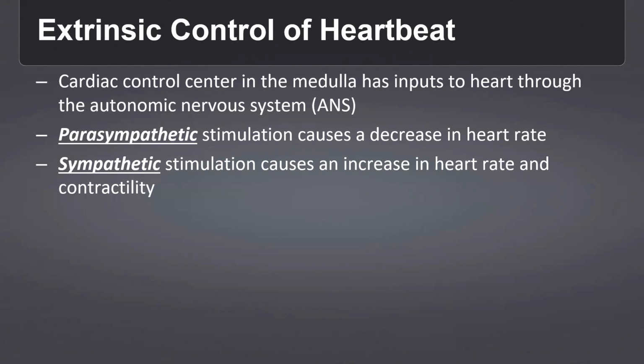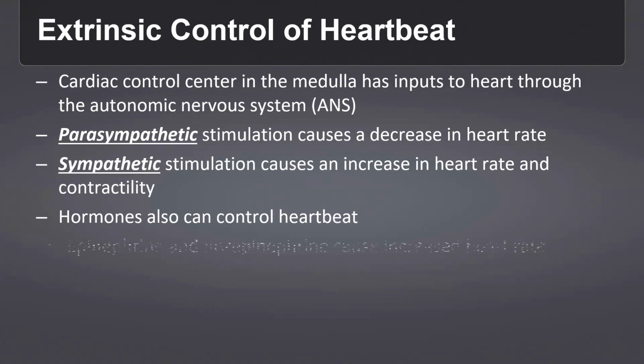So there are two points to make note of. If I ask you, how is the heartbeat controlled extrinsically? Well, it's through the medulla in the brain, which has two types of stimulation: parasympathetic, which decreases the heart rate, and sympathetic, which can increase the heart rate. Not only that, your heart rate can also be controlled by hormones.